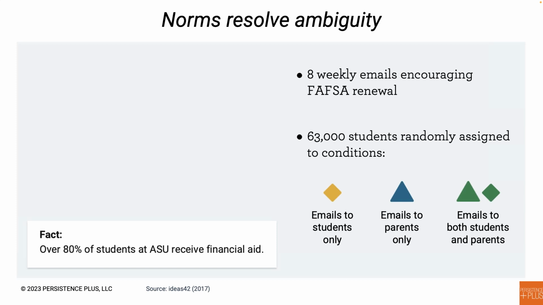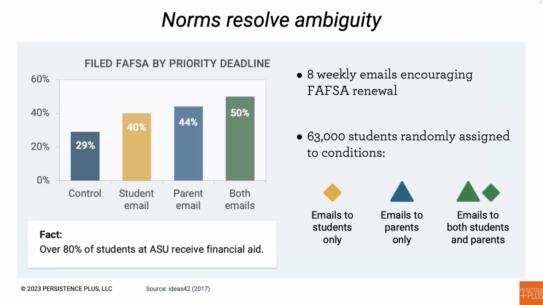And so they sent these reminder emails over the course of 8 weeks. But for some of the students, it included this line: fact, over 80% of Arizona State students receive financial aid, just to try to change that norm. The study included over 63,000 students, and they also did a variation where they sent these reminder emails either to the students themselves, or to their parents, or to both of them.